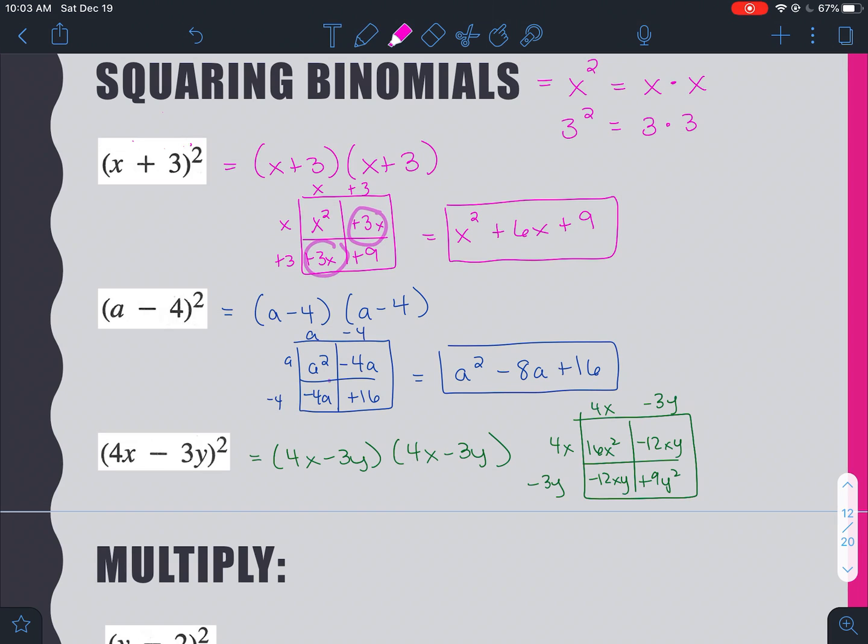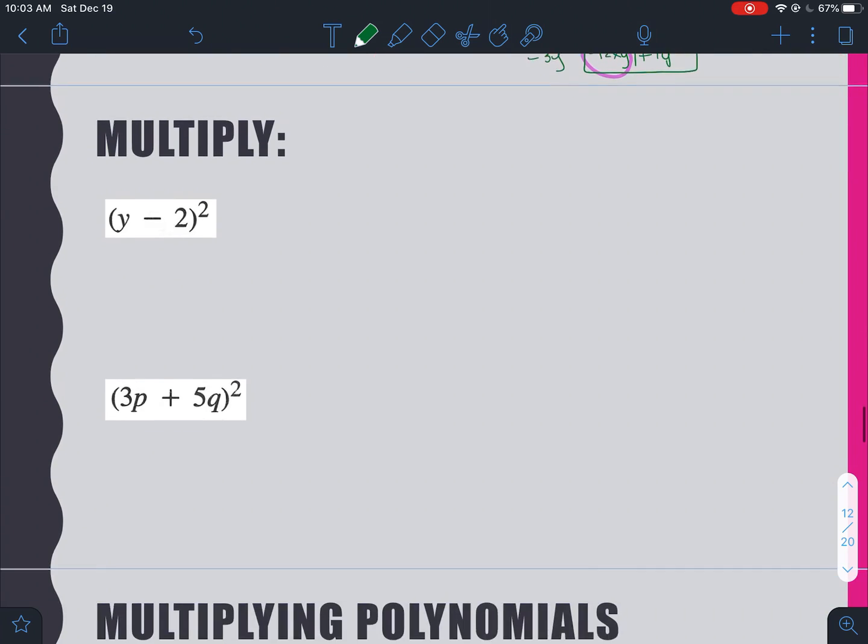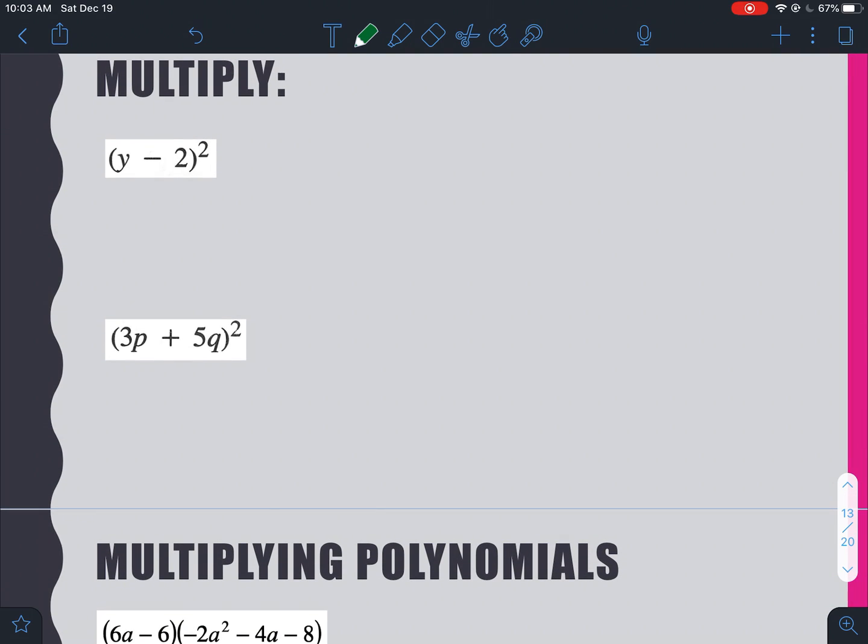So if you've noticed, when you're squaring a binomial, these two middle terms are going to be identical: negative 4a, negative 4a, negative 12xy, negative 12xy. So combining like terms on this last one, I would get 16x squared minus 24xy plus 9y squared. And that's how you would square a binomial.